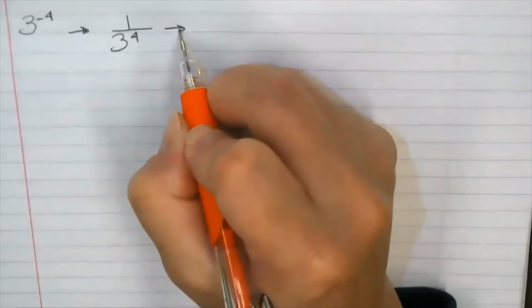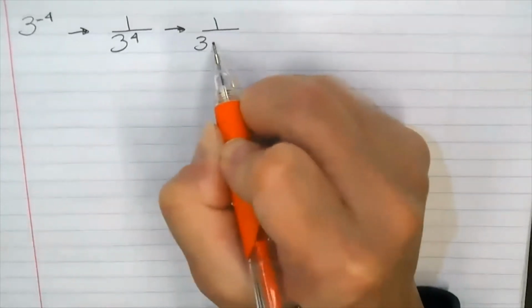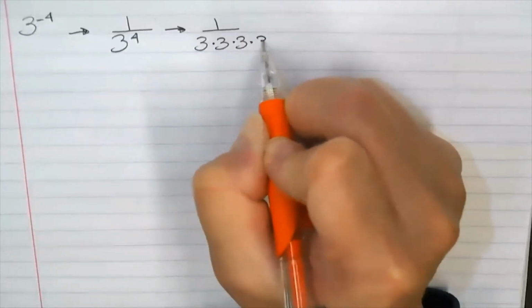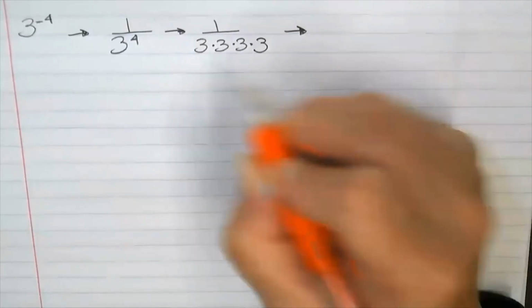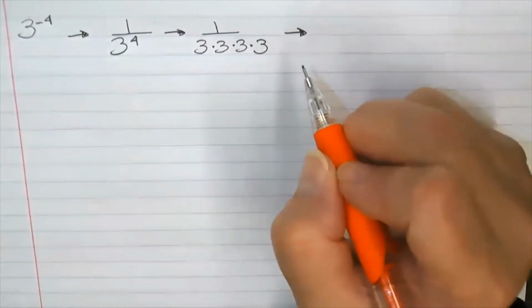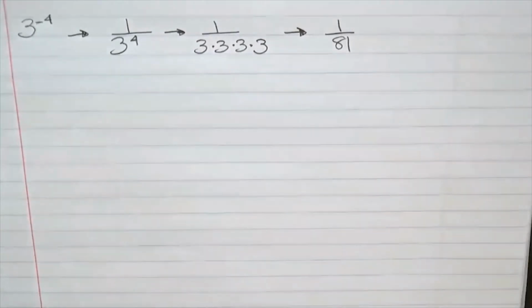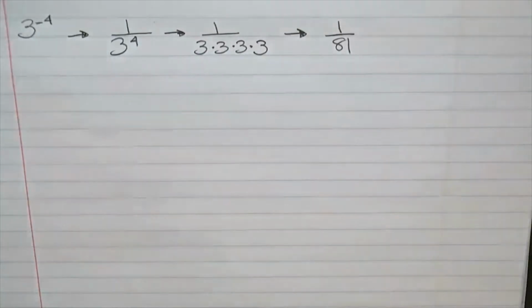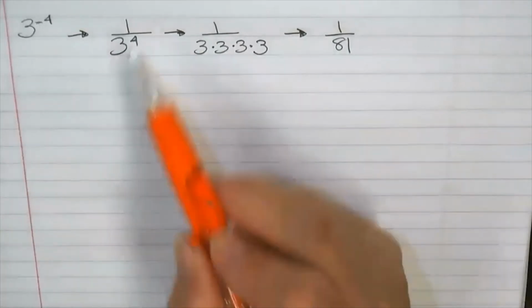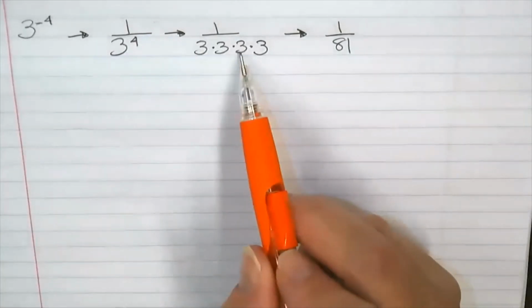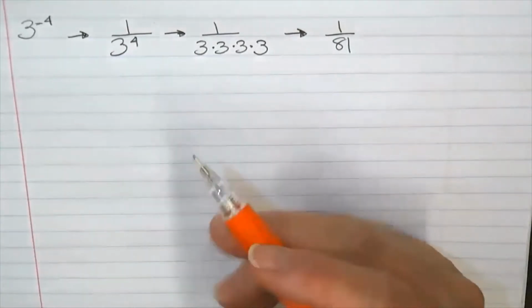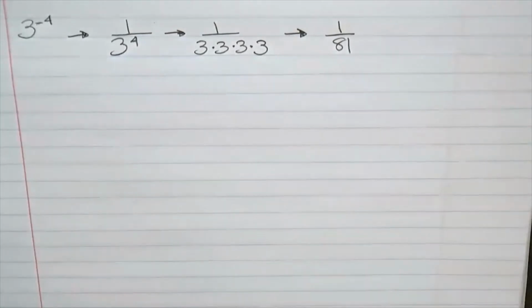Only we're not done, because this means 3 times 3 times 3 times 3. 3 times 3 is 9, times 3 is 27, times 3 is 81. So when you've got a number with a negative exponent, it belongs in the denominator, and then you're going to work it out.